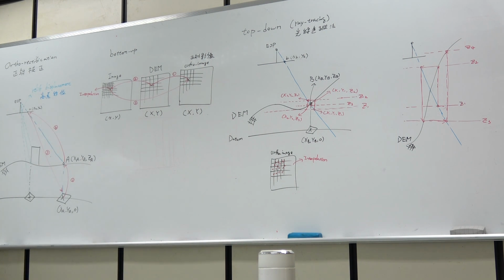Is there any difference between these two interpolations?